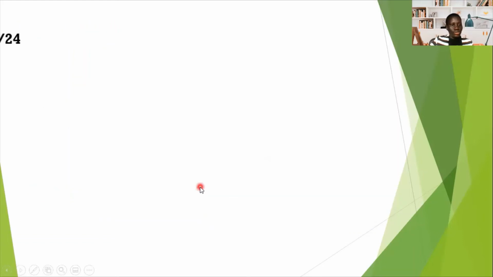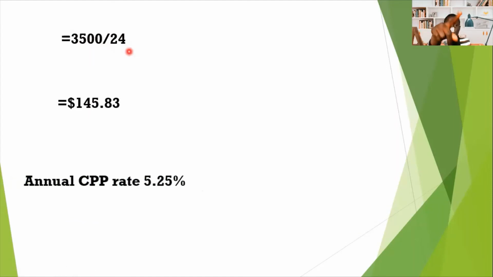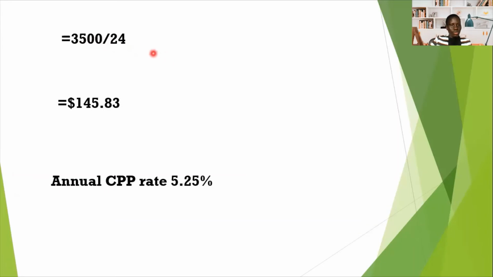We have already shown how to calculate it: you take the annual amount, 3,500, divided by 24. That's why it was important to see the pay period cycle. It's semi-monthly, which is 24. So 3,500 divided by 24 gives you 145.83.